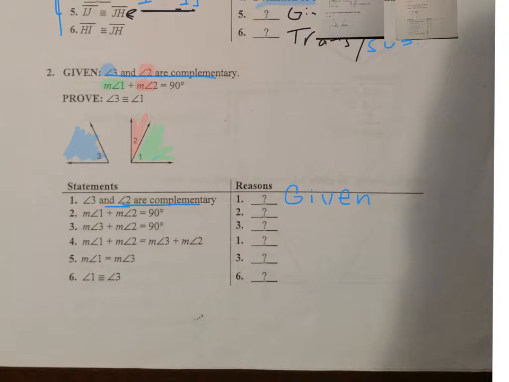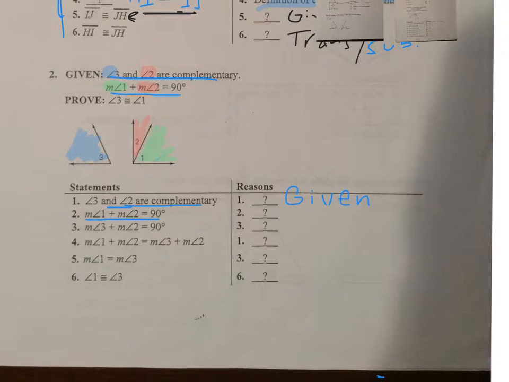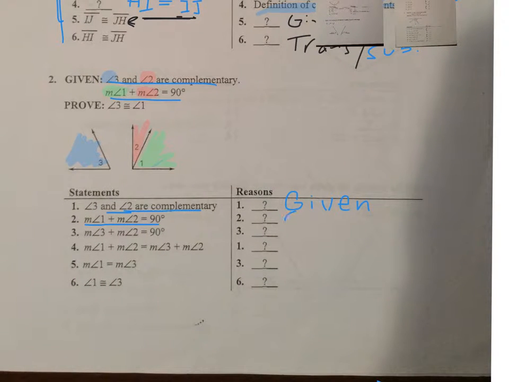All right, now I'm told in number 2, the measure of angle 1 plus the measure of angle 2 is equal to 90. Well, there's my second given. So my first two are simply given.